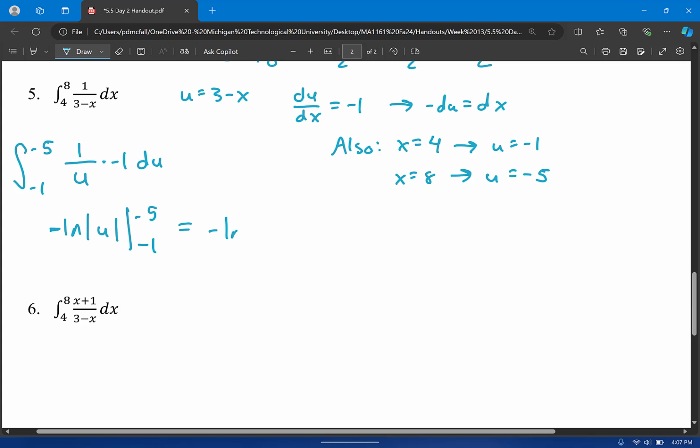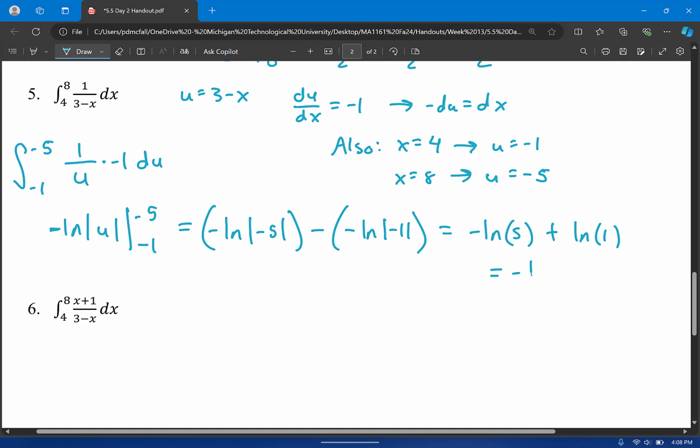So negative natural log of the absolute value of -5, minus, plug in -1, negative natural log of absolute value of -1. That's negative natural log of 5. Minus minus is a plus. Natural log of 1. Natural log of 1 is 0. So this is negative natural log of 5.